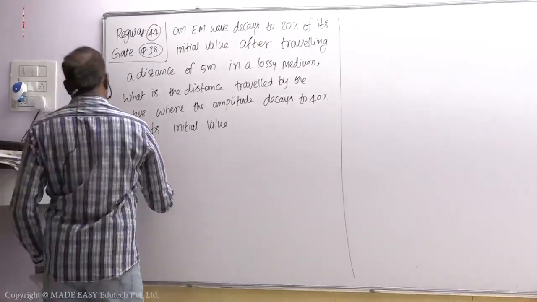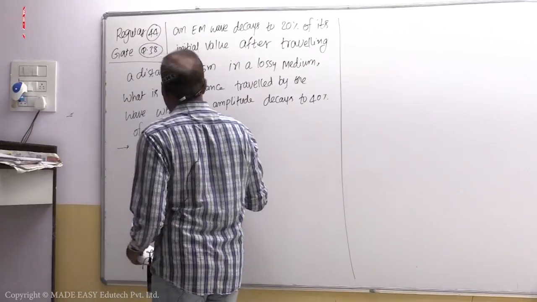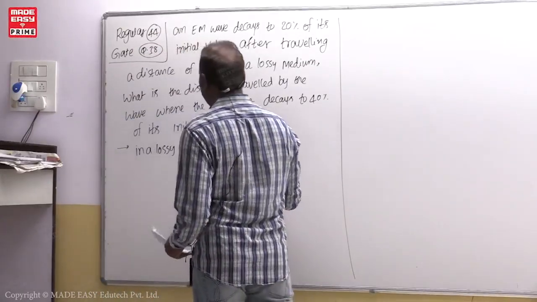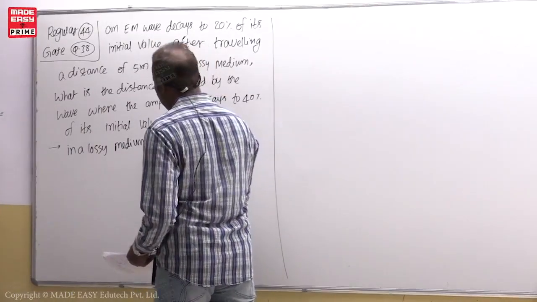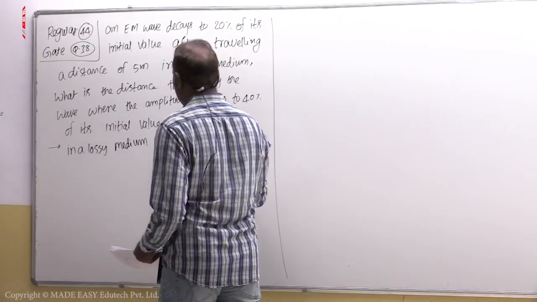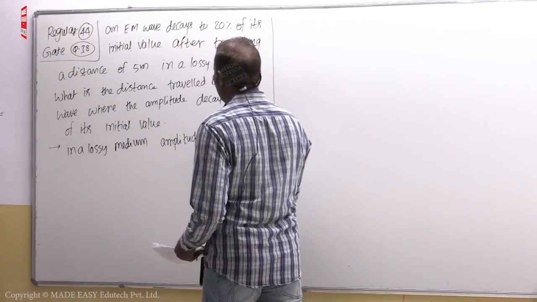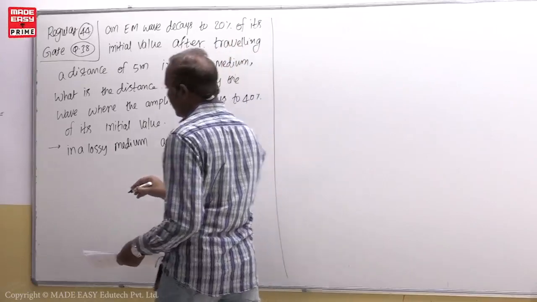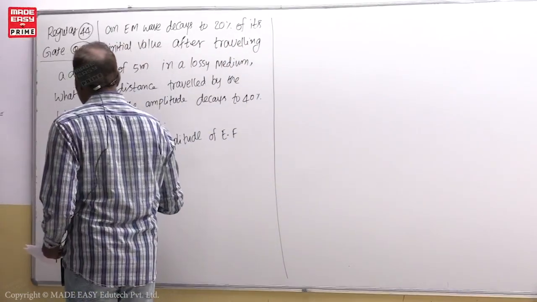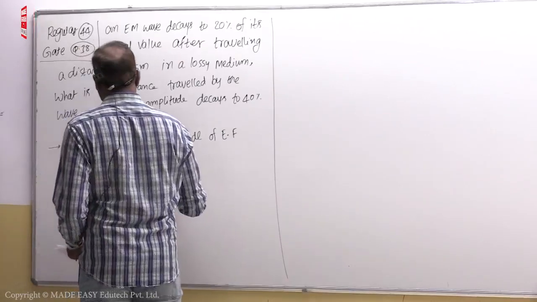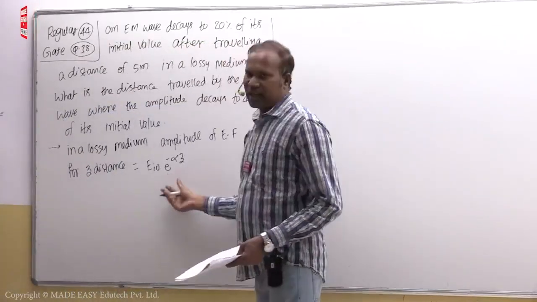So in a lossy medium, the amplitude of the electric field for distance z is equal to E_0 e power minus alpha z. This is the formula actually.